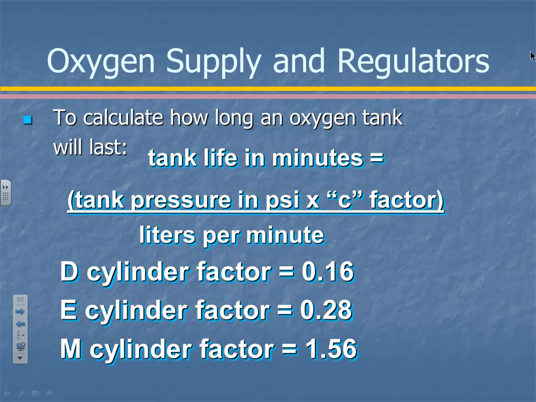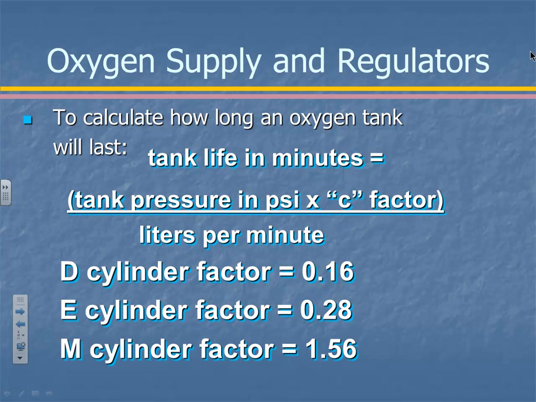Not really. You can have a tank this big, and if it's full, what's its psi going to be? Per square inch? What's the pressure in there? At least 2,000. We consider 2,000 full. It'll be anywhere from 2,000 to 3,300, depending on how hot or cold it is outside.